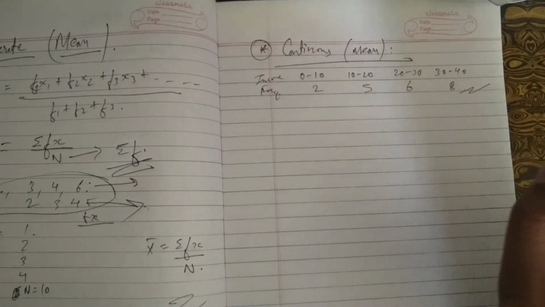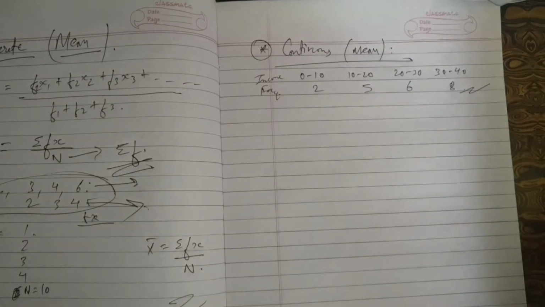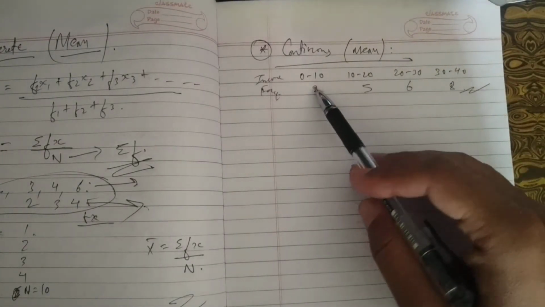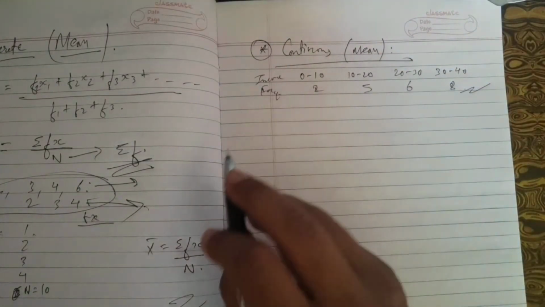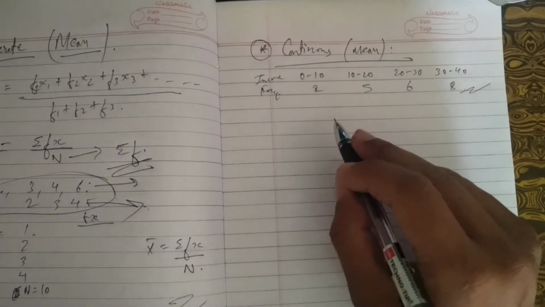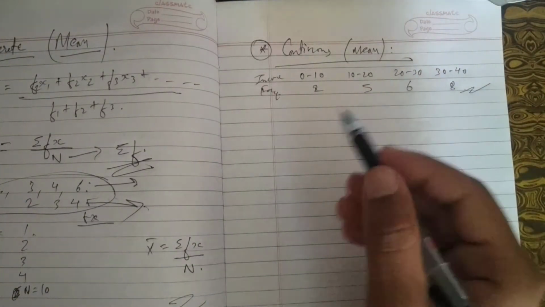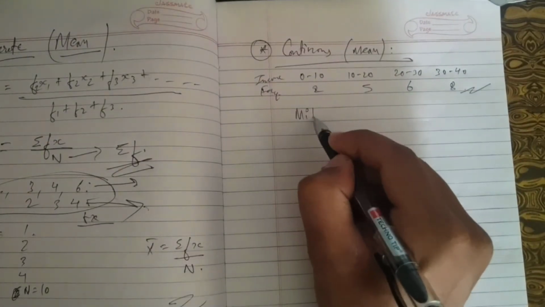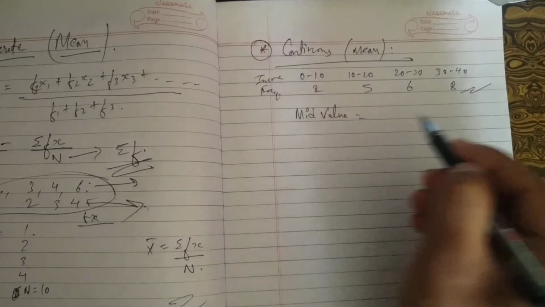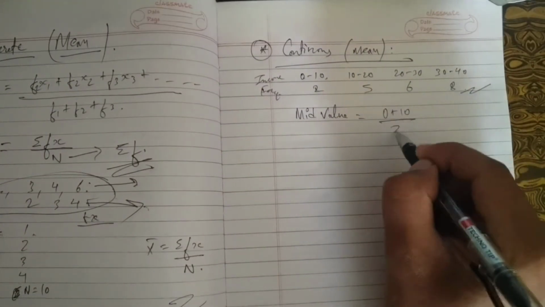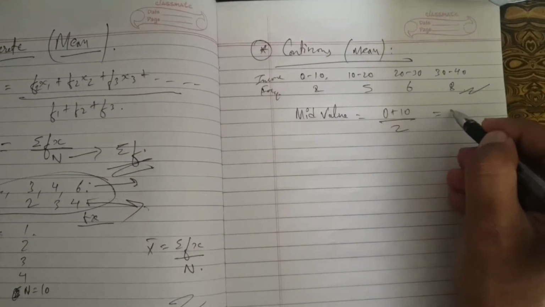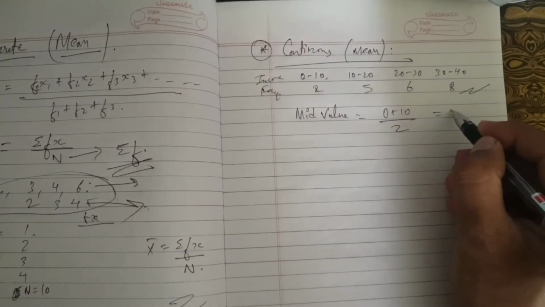It will be divided into different classes. Sometimes we might be required to create the classes ourselves as well, and that is pretty easy. When we are preparing this, we need to find the mid value. Mid value is equal to this plus this, 0 plus 10 divided by 2, so this will be 5, right?